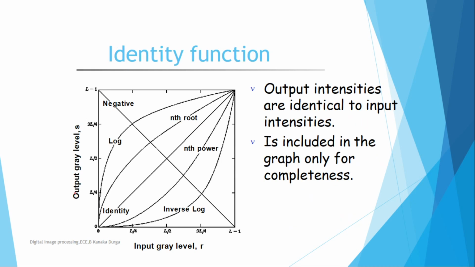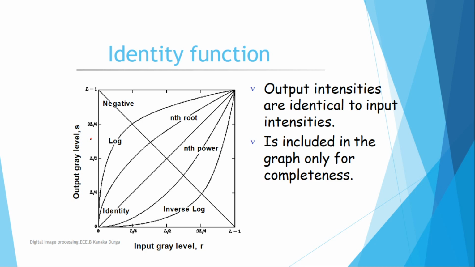First we will discuss the linear functions, and right now the identity function. The characteristic of the identity function is that output intensity values are identical to whatever input values we consider. Suppose an image has only noise.